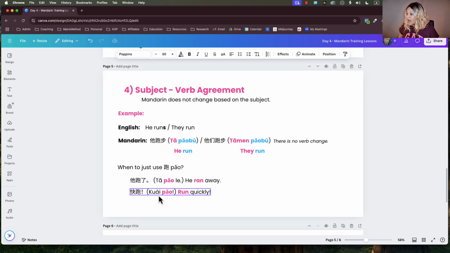And kwai means quickly, so kwai pao is run quickly.